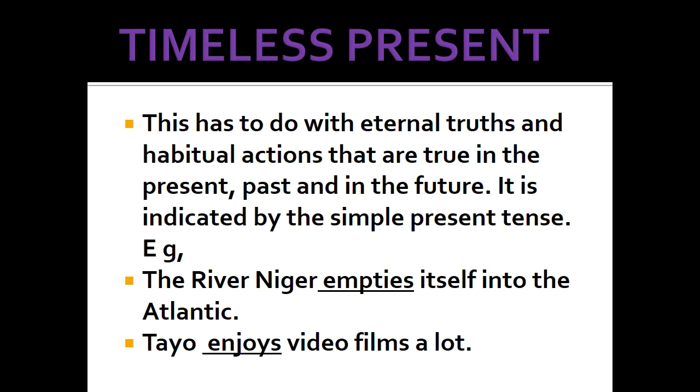It is indicated by the simple present tense. For instance, the river Niger empties itself into the Atlantic. Tayo enjoys video films a lot. So when you look at the underlined words, there is no time specification. That's why we call it timeless present.